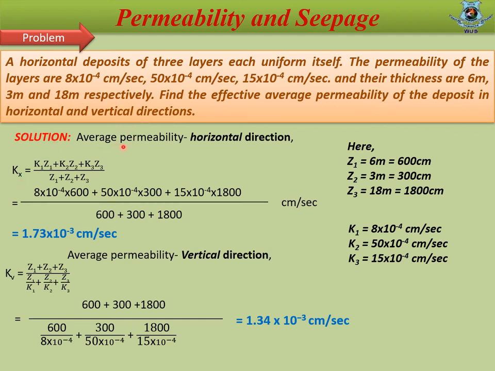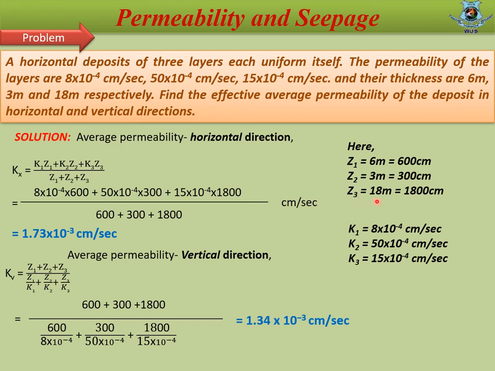We know average permeability for horizontal direction, Kx equal to K1Z1 plus K2Z2 plus K3Z3 divided by Z1 plus Z2 plus Z3. Here given in question, Z1 equal to 6 meter equal to 600 centimeter. Z2 equal to 3 meter equal to 300 centimeter.